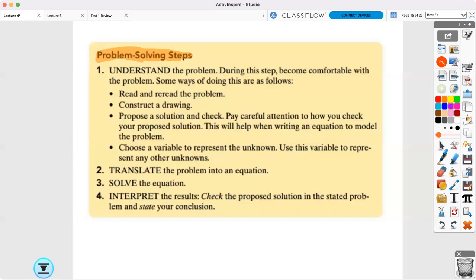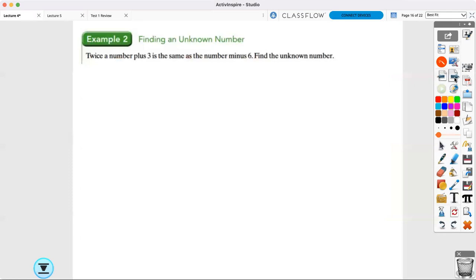Okay, I'm done. Thank you. All right, here's example 2, guys. 2 minutes timer to get this example written into your journal before I work it out.